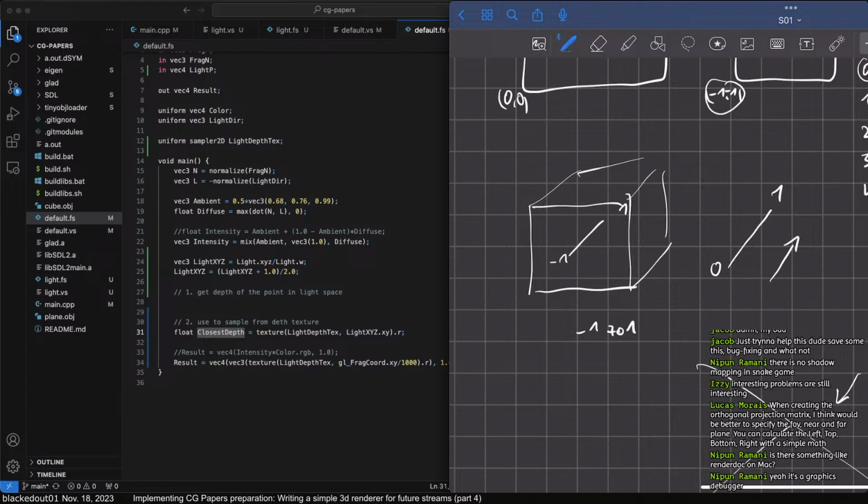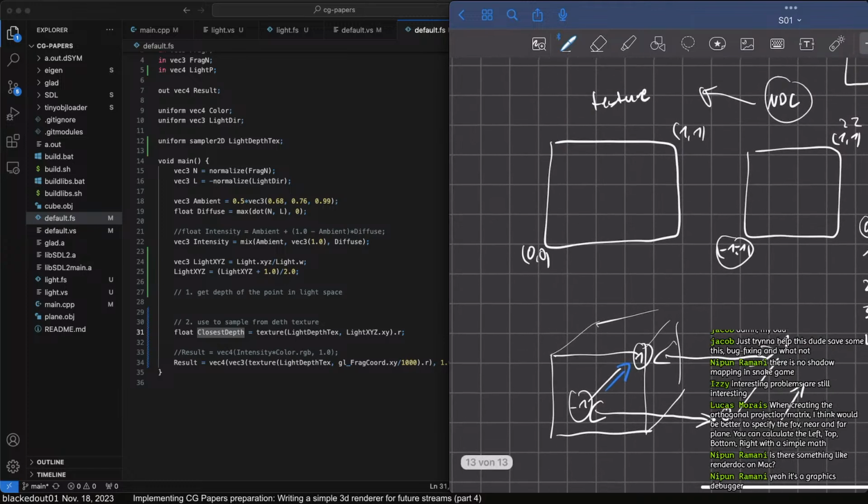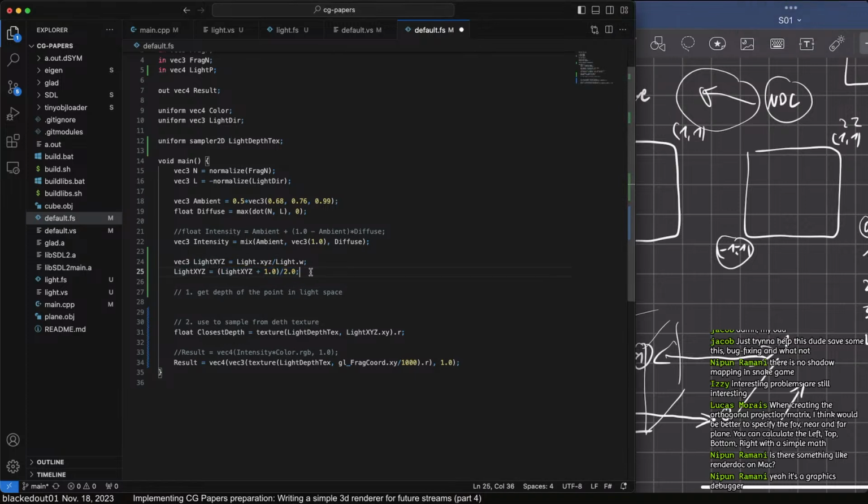And now that I think about this, the -1 is here and the 1 is here. So these get mapped like this. And actually, that's the same mapping we did for the texture space by using this command here. So we can just use the actual depth.